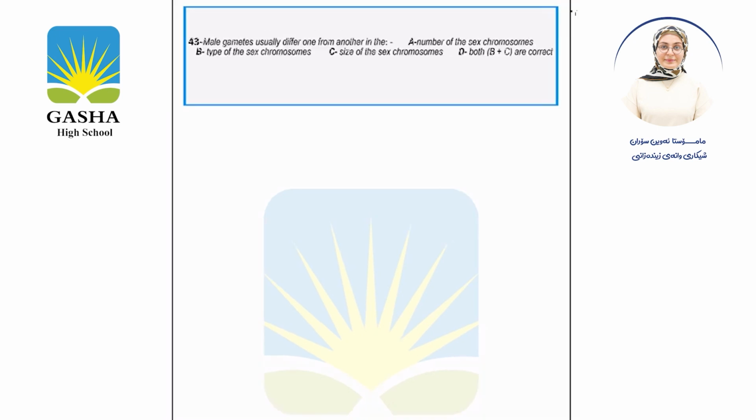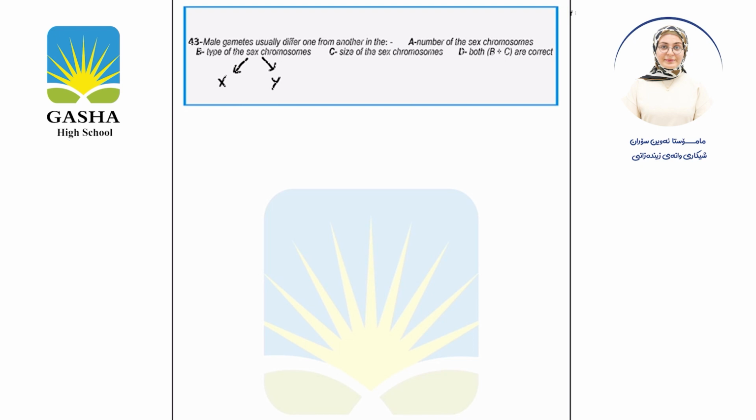Question 43. Male gametes usually differ from one another in the A, number of sex chromosomes? No. They are not different in number of sex chromosomes. B, type of sex chromosome? Yes. Some sperm contain X. Some of them contain Y. C, size of the sex chromosome.